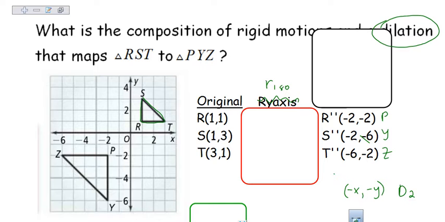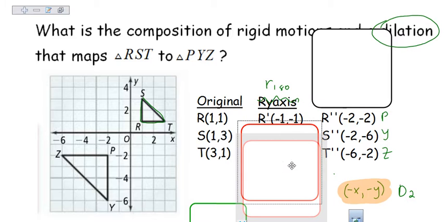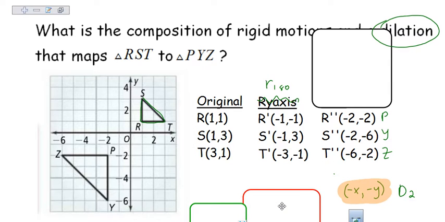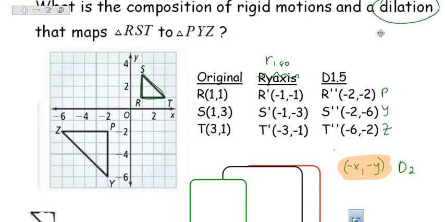For a rotation of 180 degrees, our rule is what we had written down right here. We are going to negate the x and negate the y on each of those points. So (1, 1) is going to become (-1, -1), and (1, 3) is going to become (-1, -3). It's looking like we are going to do a dilation first.